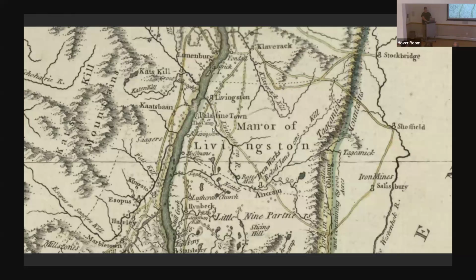So around the time of the Revolutionary War, what's now Germantown goes from being referred to as East Camp or the Camp, and during the Revolutionary War becomes known as German Camp formally, and that's because the Albany County Committee of Correspondence starts meeting in late 1774.